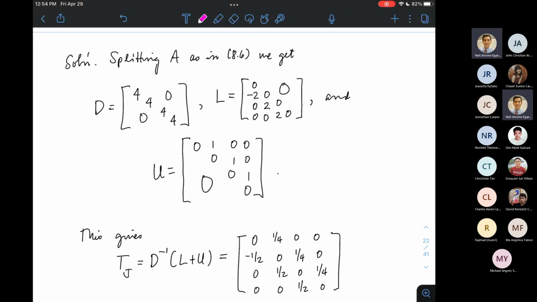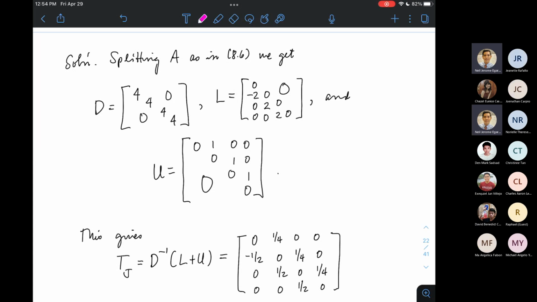Kunin nyo si D, kunin nyo si L, at saka si U. Think of how you can implement that in MATLAB or in Python. Tapos after that, straightforward na. Kukomputin mo lang yung TJ, tapos yung CJ para ma-define mo yung iteration scheme. Tapos magpo-for loop ka lang or magdo-do while ka lang habang yung stopping criterion ay hindi pa nami-meet. Okay?